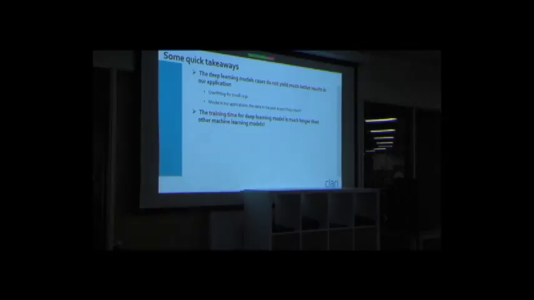Also, if you compare the time complexity, deep learning is not comparable with traditional machine learning models. For example, I observed that for one organization, when we use just a gradient boosting classifier, 10 to 20 minutes is enough.